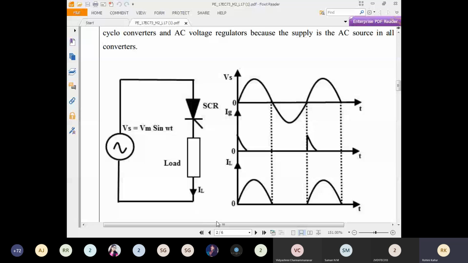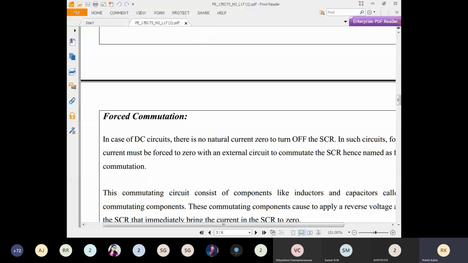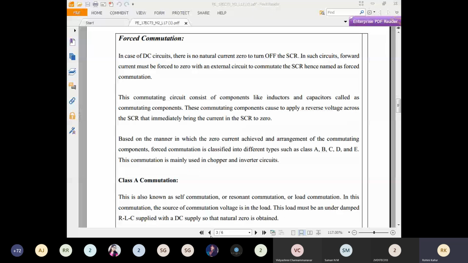Understood the concept? Chetan, I am asking you only. Shall we move to the next one? Yes, ma'am.